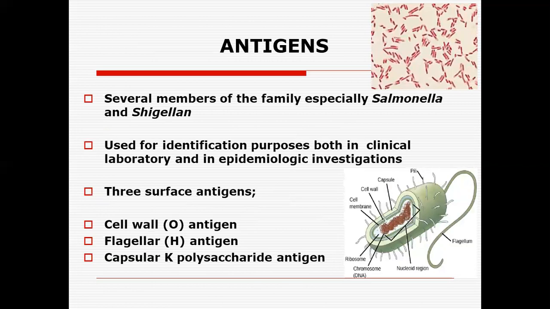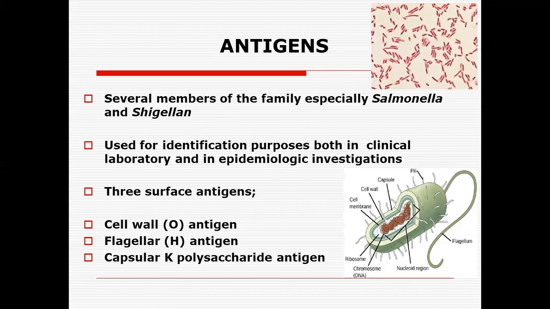Now, the antigens of this group of microorganisms are very important, particularly with respect to Salmonella and Shigella. We have several members of the family, as we have seen, but the antigens belonging to the genus Salmonella and Shigella are very, very important.